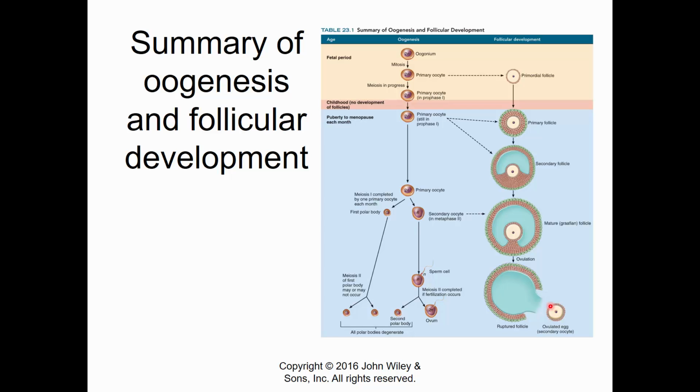This secondary oocyte is released into the fallopian tubes, waits for some sperm to show up, and if some sperm do show up and fertilize this secondary oocyte, then that's the stimulus for the second meiotic division. And so then again, now we have a mature ovum that's also a fertilized ovum and another little genetic cast-off. The polar body from the first division may divide again or it may not.